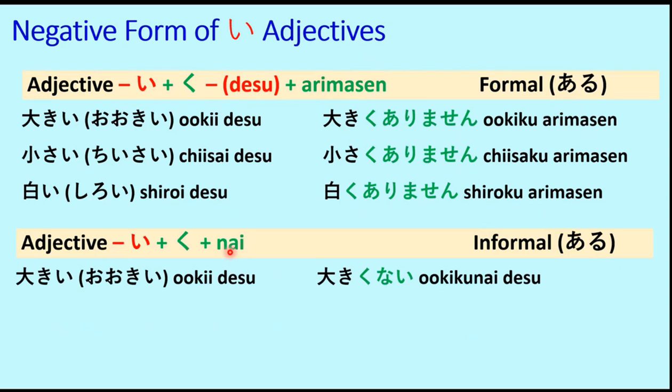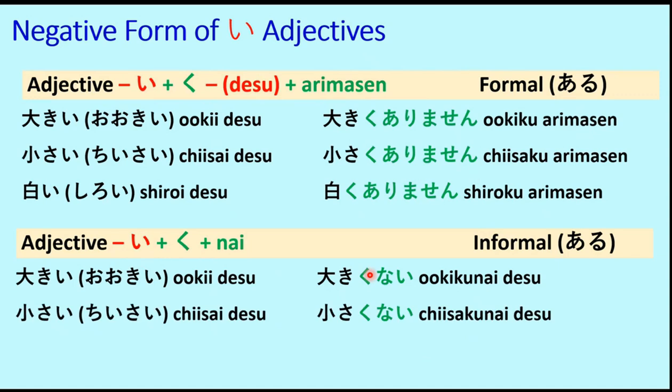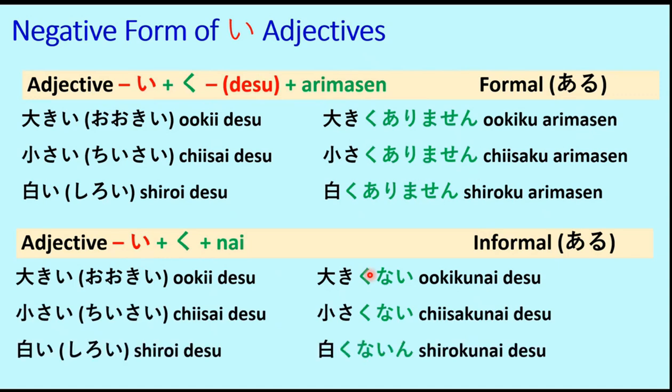So ookii desu becomes ookikunai desu. This desu will still be there, but it will become ookikunai. We just replace the i sound with kunai. So ookii becomes ookikunai. Chiisai, chiisakunai. Shiroi, shirokunai.